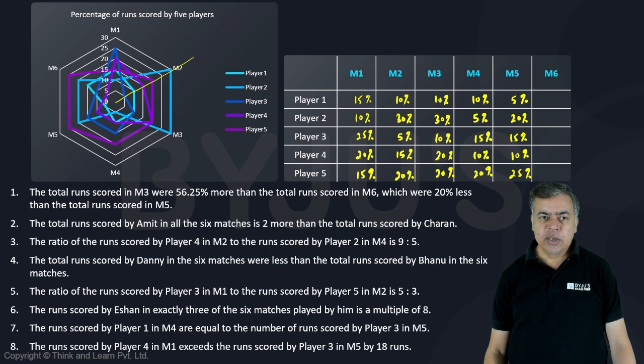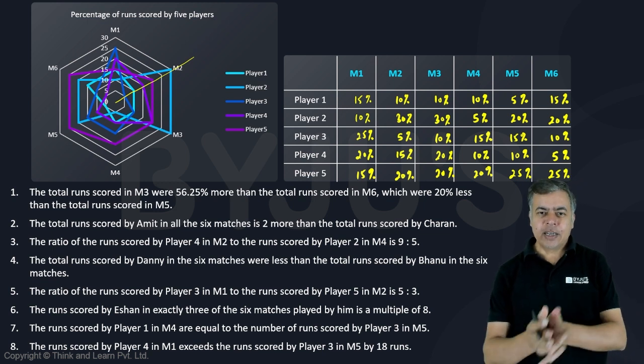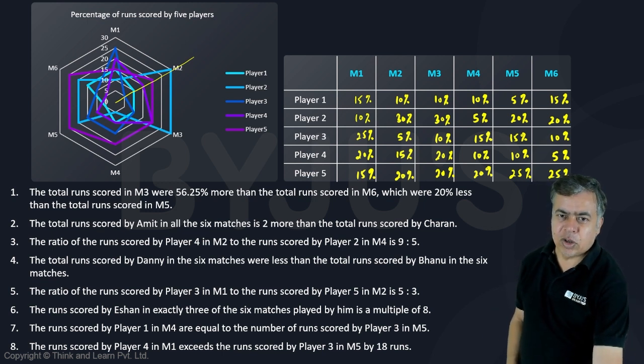M6, the last one: player 1 is 15%, player 2 is 20%, player 3 is 10%, player 4 is 5%, and player 5 is 25%. Okay, so these are the scores. I have just read the values from the radar chart and we are writing them like this. I think this is all visible.